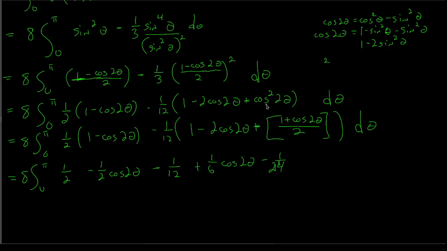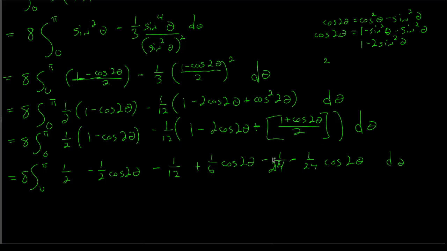Negative, positive, okay. I'm just trying to make sure all my signs are in the right place. 1 minus this squared is a plus sign there. That works. And so I'm going to have negative 1/24 cosine 2 theta, d theta.